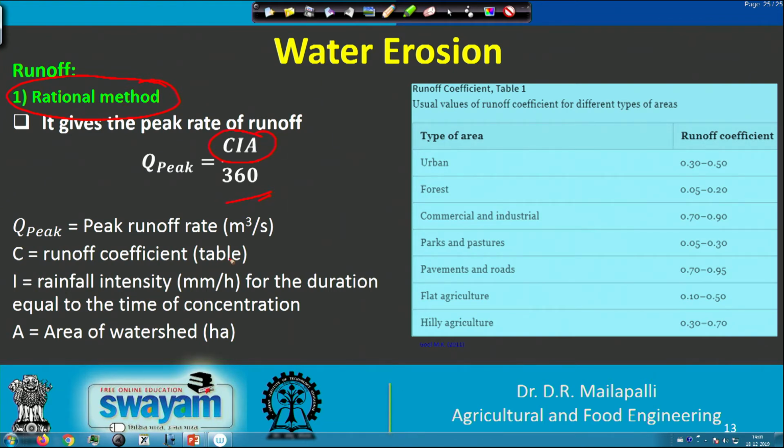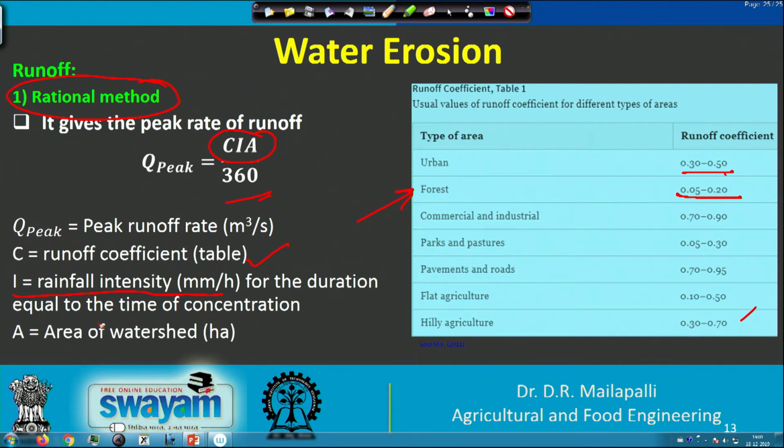Here C is the runoff coefficient, which can be obtained from this table. The runoff coefficient for urban areas varies from 0.3 to 0.5, and for forest area 0.05 to 0.2, likewise for agriculture. We can take the C value from this table. I is the rainfall intensity in mm per hour for a duration equal to the time of concentration. This is very important; it is not simple rainfall intensity.